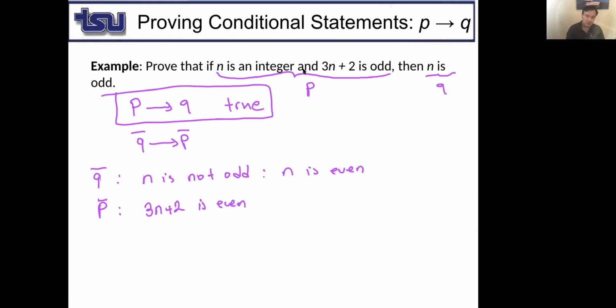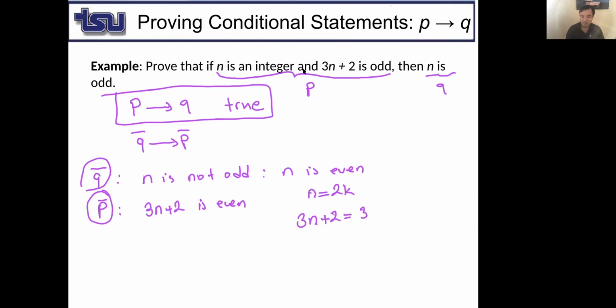Okay. So if I start with Q naught, and if I can show that P naught is true, then I'm done. If I assume Q naught is true and that implies P naught is true, I'm done. So if n is even, that means n is 2k for some k. Then what is 3n plus 2?